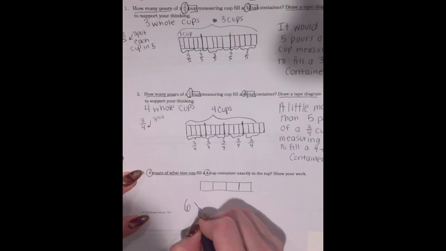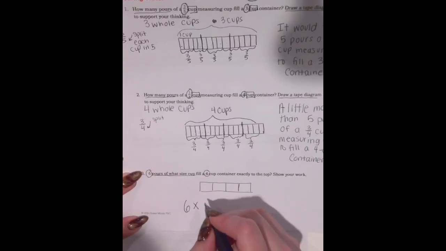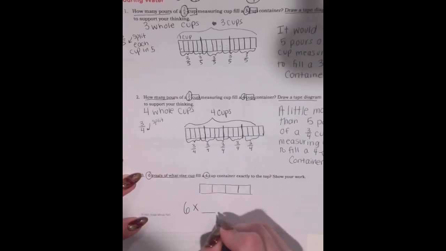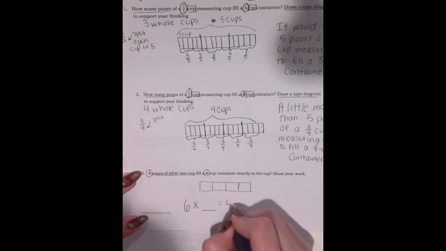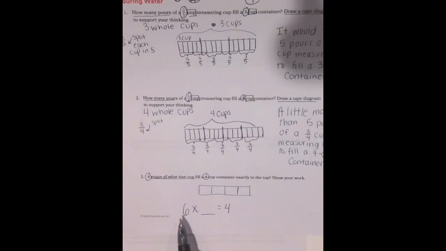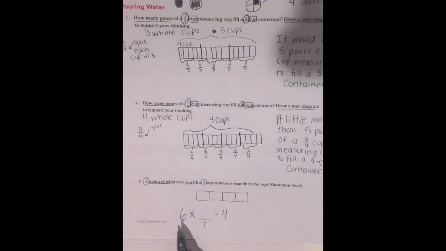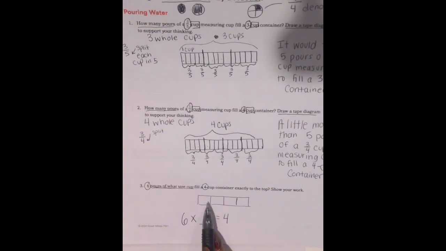So one way you can think about this is 6 times what equals 4. Right? Because we're going to pour some number that we don't know. This is our question mark. We're going to pour something in 6 times, and then we're going to get 4 wholes.